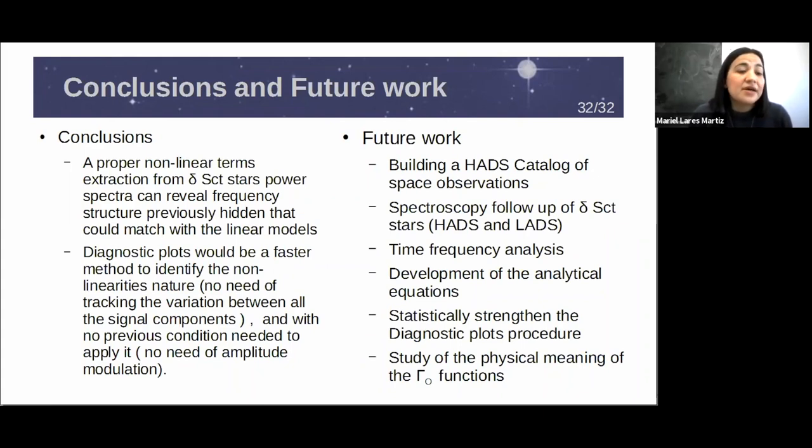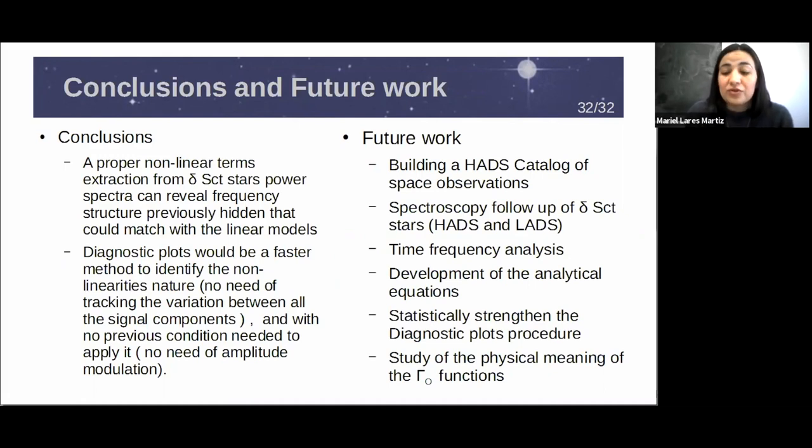And of course, as I just said, after statistically strengthening this diagnostic procedure, which is future work, it could be possible to identify the nonlinearity nature without the need of tracking the variation between all the signal components or needing the condition of amplitude modulation.